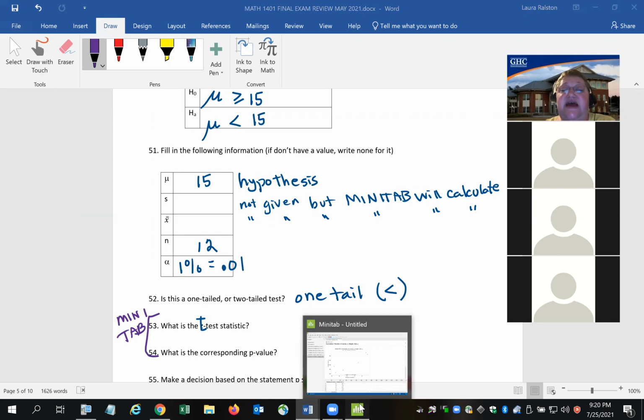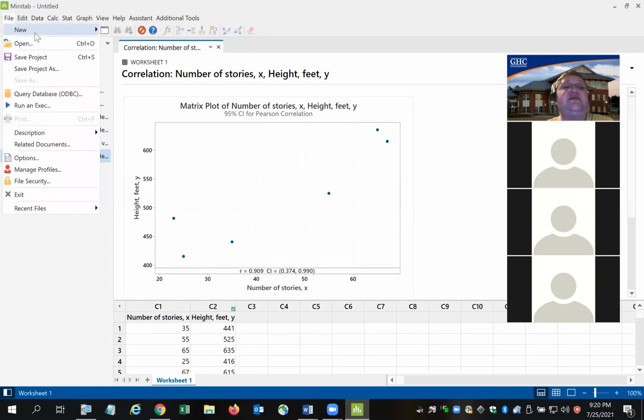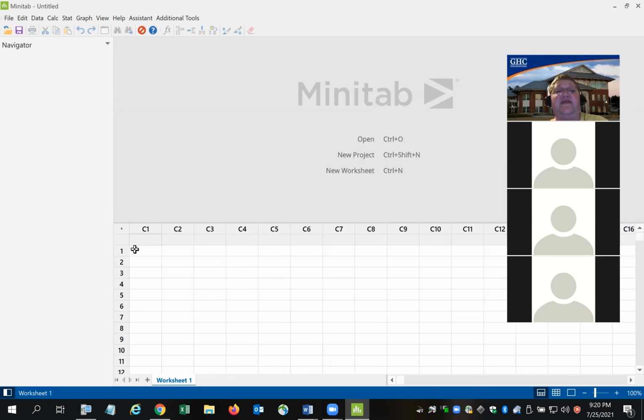So I'm going out to Minitab, and I'm going to get me a clean sheet. And I have to enter the data that was given to me.